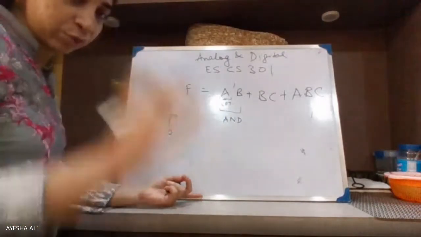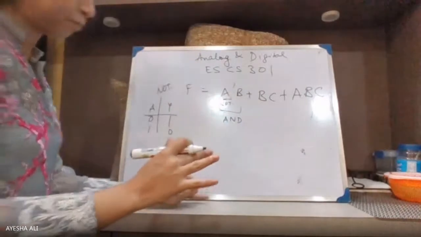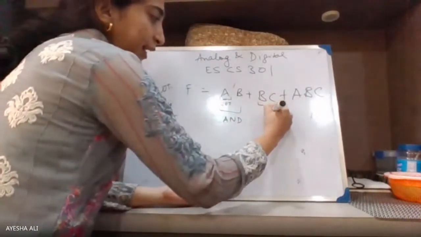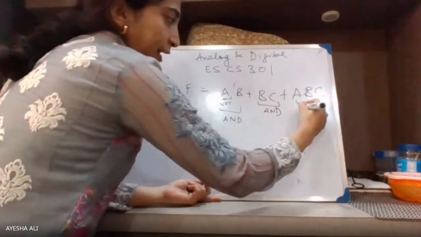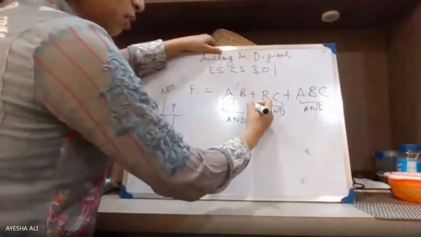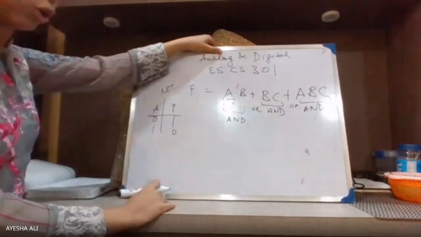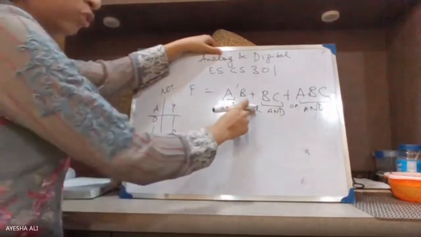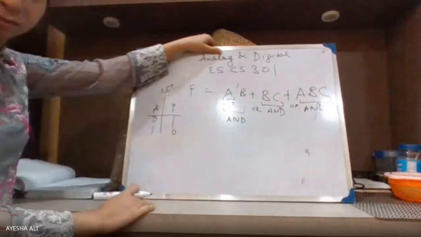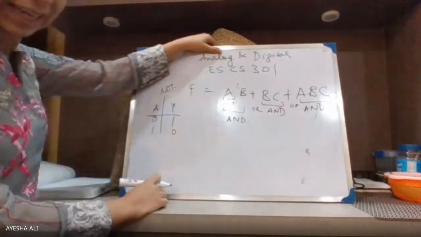There are 3 gates we are using, true, but the total number of gates, how many are there? Here again AND gate, here again AND gate, and overall there is an OR gate over here and an OR gate over here. So total how many gates? 1, 2, 3, 4, 5, 6. This expression is using 6 gates.